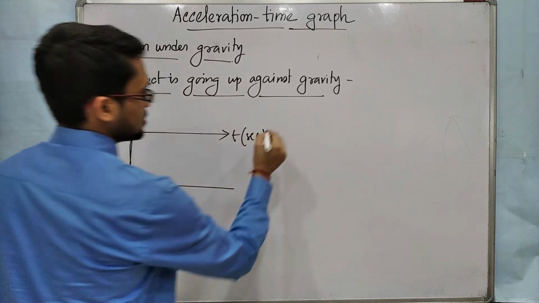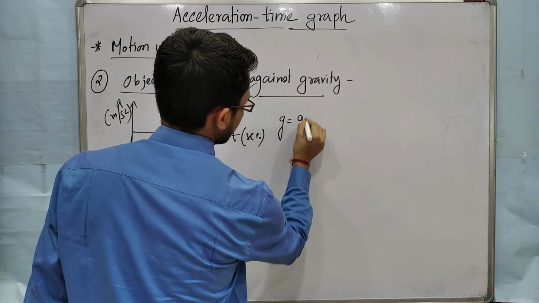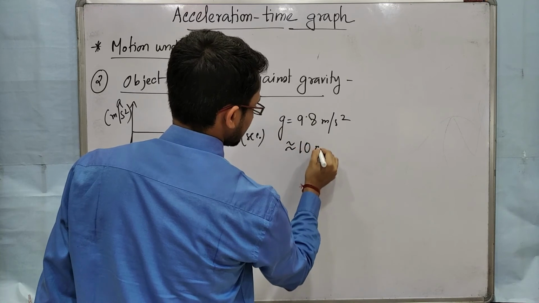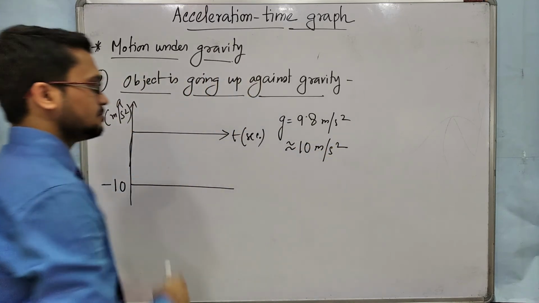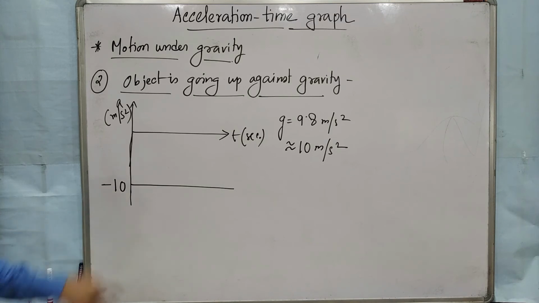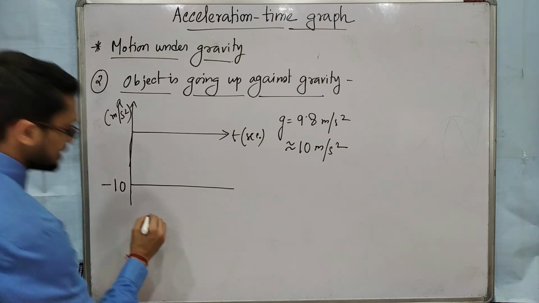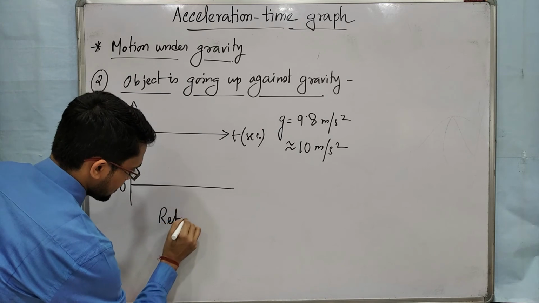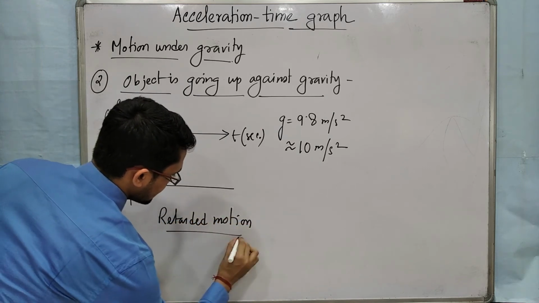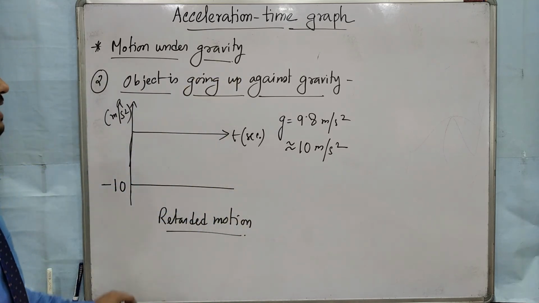Okay, because I have taken g equal to 9.8 meter per second square, or almost 10 meter per second square. As it is a retarded motion, so negative 10, minus 10. Clear? So this is a retarded motion. Give an example of retarded motion. This object going up against gravity.